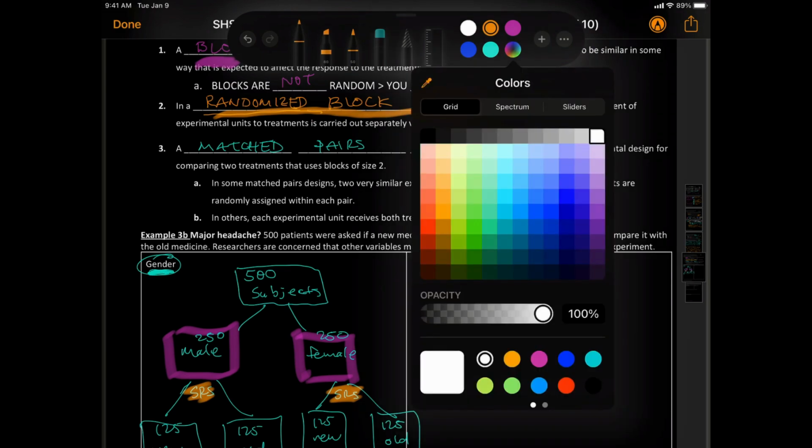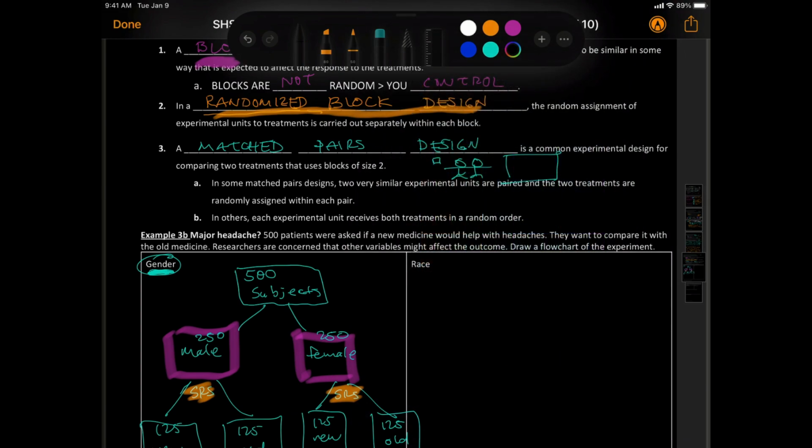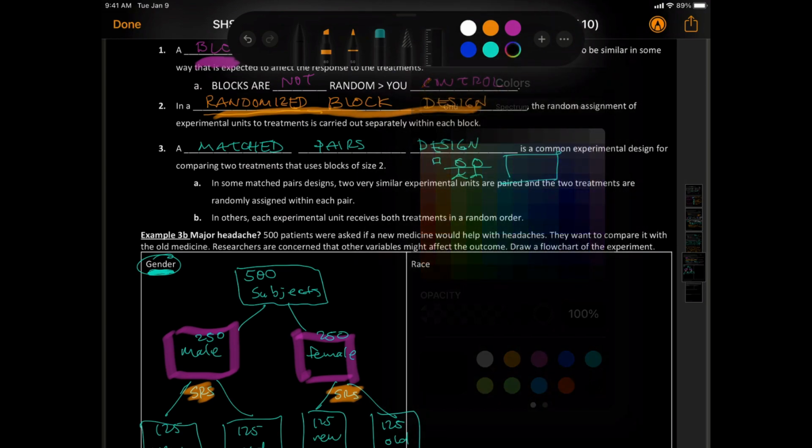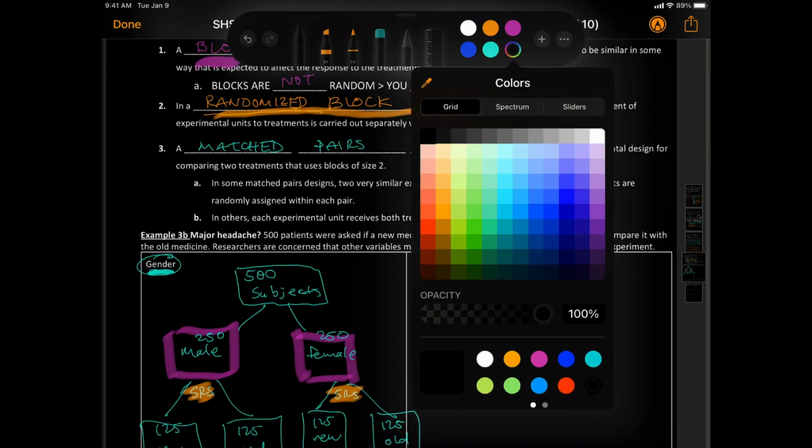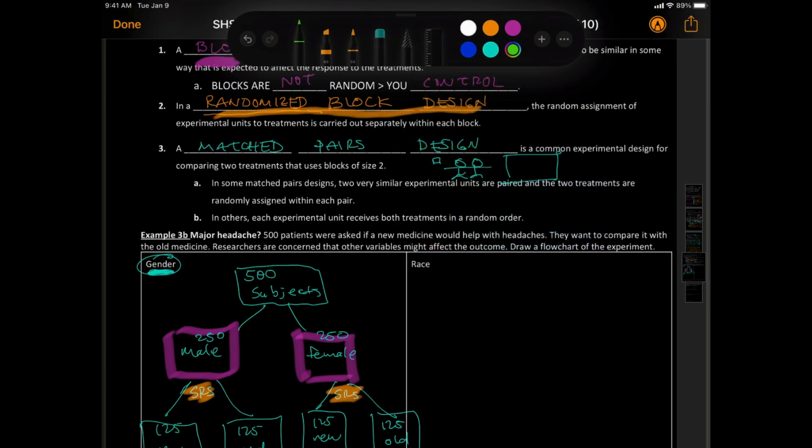Let's pick a color we haven't used yet. Let's try green. Okay, not black. Black on black would not be good. Green, please. Okay, so let's now do this one for race. Let's just say you have 500 subjects. And you can account for all of the major races.